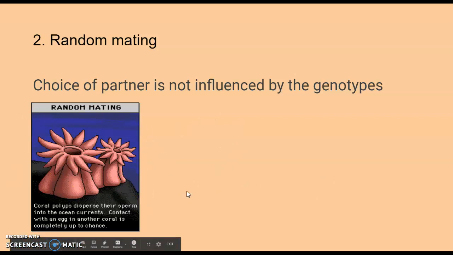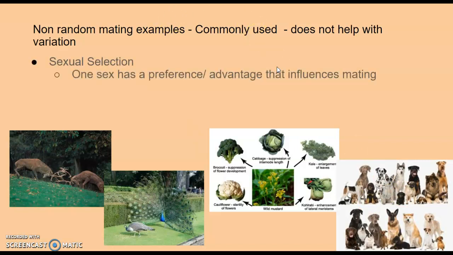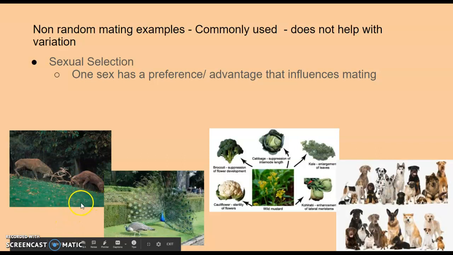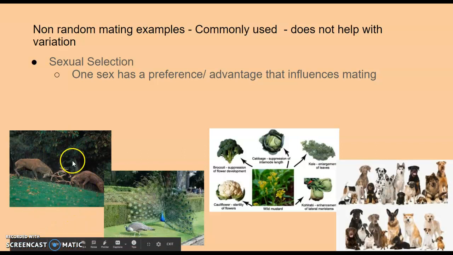However, what we're used to and what we see is not really random, so I wanted to talk about some non-random mating examples. One is sexual selection, and this is where one sex has a preference or one sex has an advantage that influences the mating here. So an example are deer, right? Female deer are going to choose their mate based on this trait of their antlers, right?